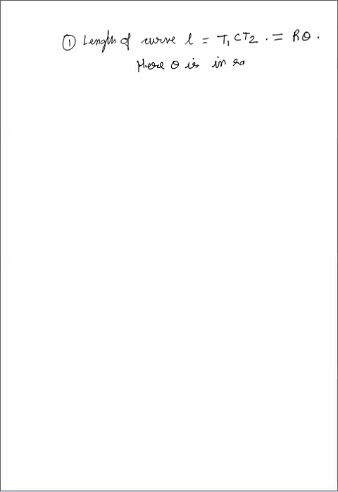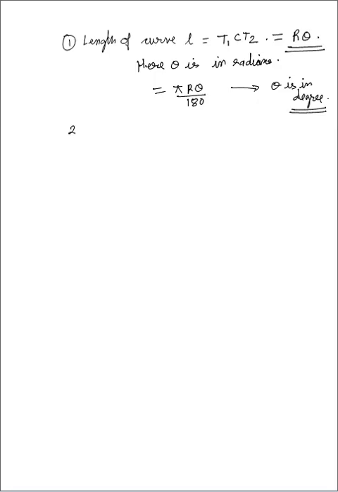Don't make a mistake. So that's why the length of curve is equal to R theta. But suppose I want to convert it in terms of degrees, then it will become pi R theta upon 180. Basically I have to multiply by pi by 180 so that theta is in degrees. So when theta is in degrees, we have to use the formula pi R theta by 180. When theta is in radians, it is equal to R theta.